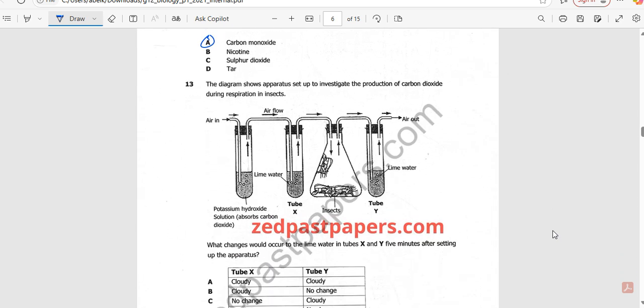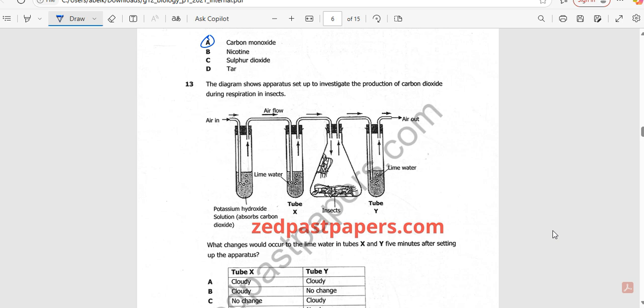The diagram shows apparatus set up to investigate the production of carbon dioxide during respiration in insects. So you have air coming in, then potassium hydroxide, which will absorb carbon dioxide. So the carbon dioxide is absorbed and cannot come out here. Then from here, I have lime water.